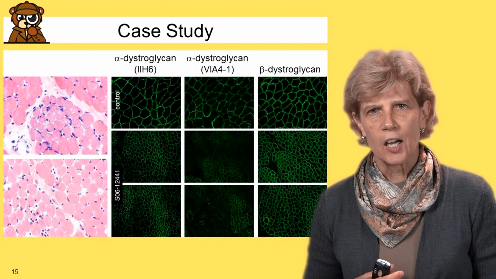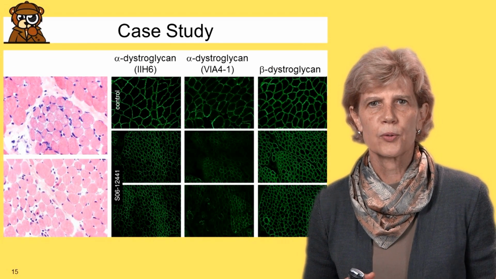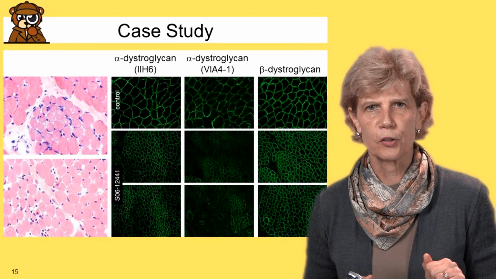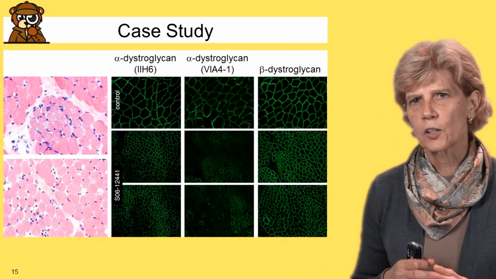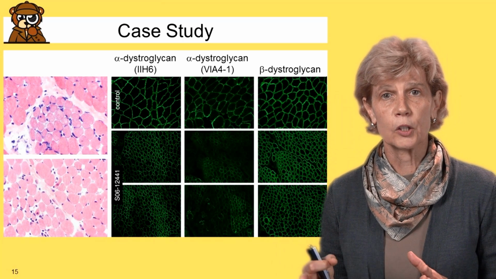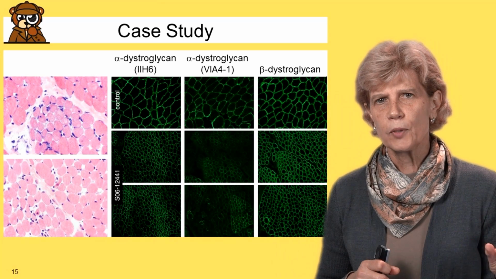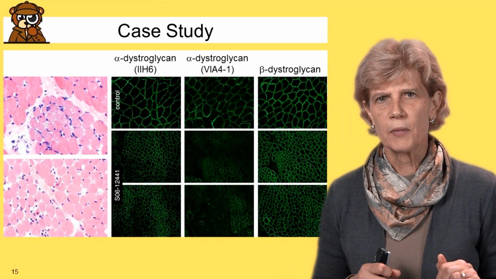And we did a muscle biopsy. And on the left, you can see the H&E, and it shows a mild to moderately dystrophic picture. And then we do a series of immunostaining to try to narrow down what kind of muscular dystrophy it is. So in this image, across the top is control muscle.